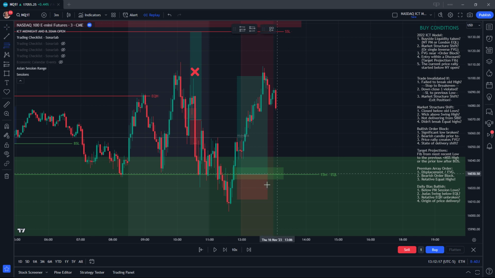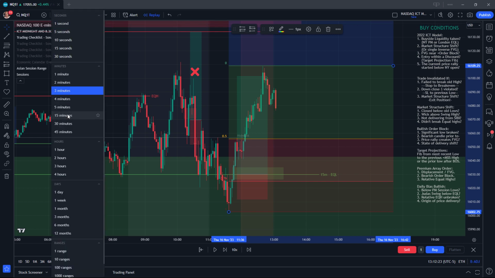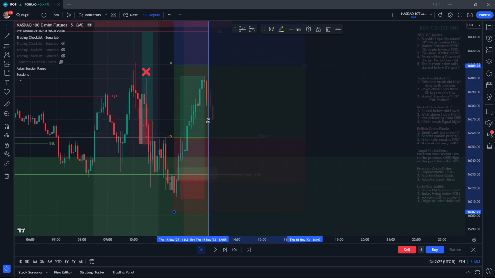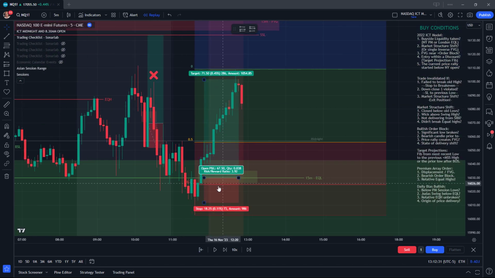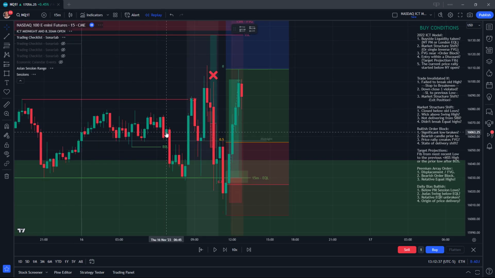Okay, let's look at this, and we'll see if there's maybe a more obvious one. I don't want to see what price does before I decide where to enter. Okay, so we've got a fair value gap close to our... Let's see if we go to the 15 minutes.